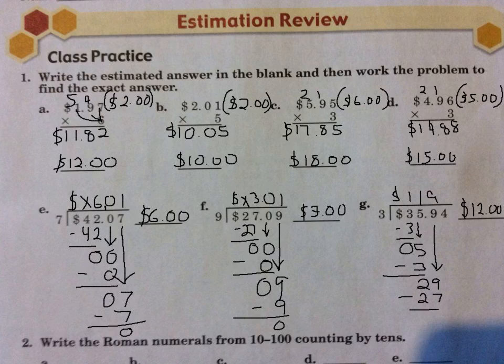Subtract, we get 2. Bring down the 4. 3 goes into 24 8 times. 3 times 8 is 24. Subtract, and you get 0. So $11.98 is our exact answer.